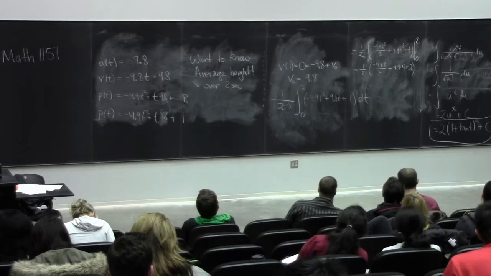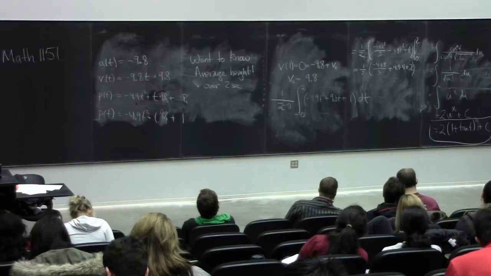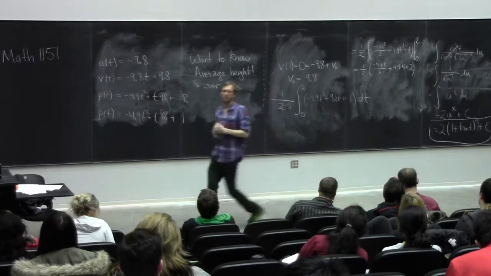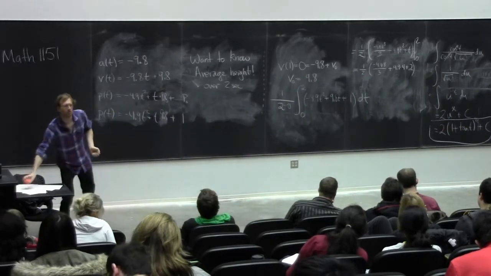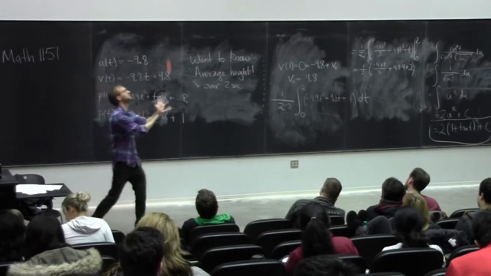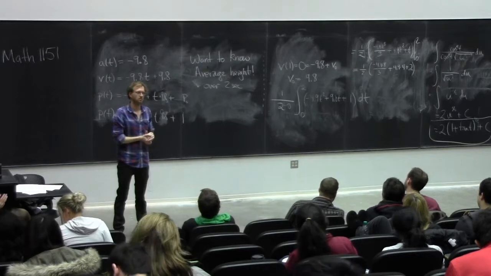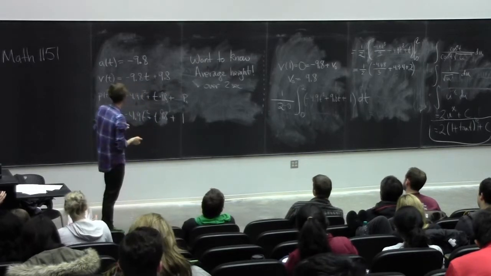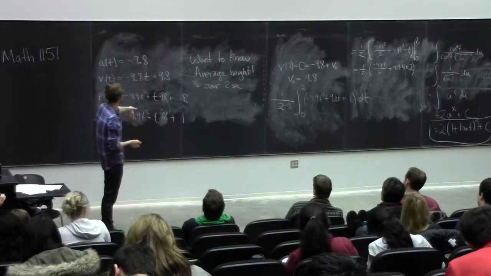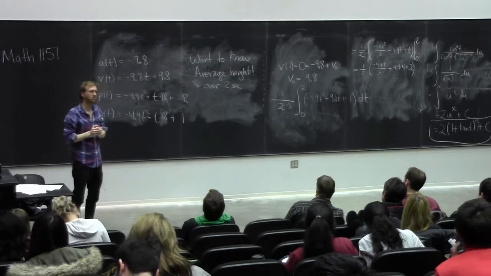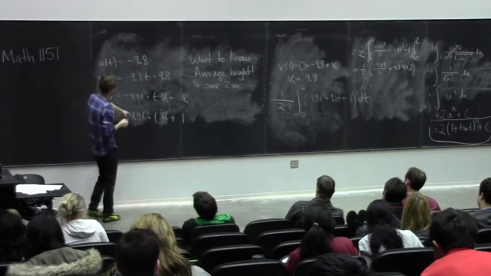And if anybody has a calculator, what's the answer? Without using a calculator, what's the answer going to be about? Is it going to be closer to 1 meter or closer to whatever the top is right here? When does this have a maximum? When t equals 1, plug in 1 here.